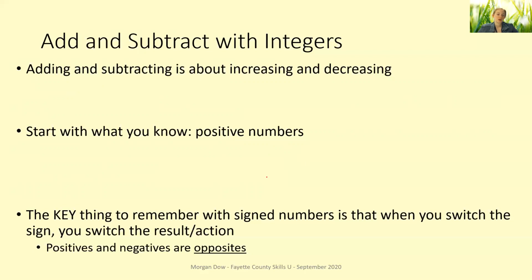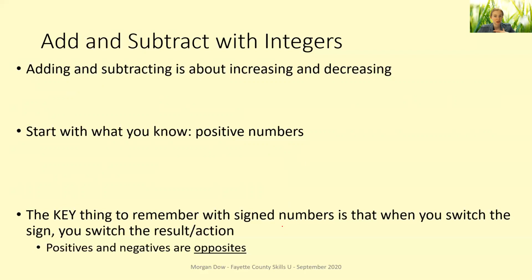The key thing to remember with signed numbers, so numbers with a positive sign or a negative sign, is that when you switch the sign, you switch the results or you switch the action that you take. So positives and negatives are opposites. So when you switch from positive to negative or negative to positive, kind of like a light switch, it just switches the result that happens.